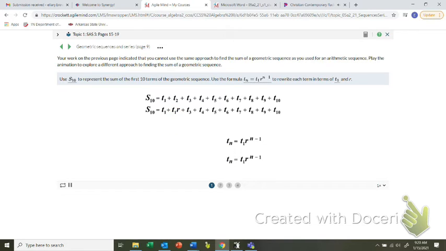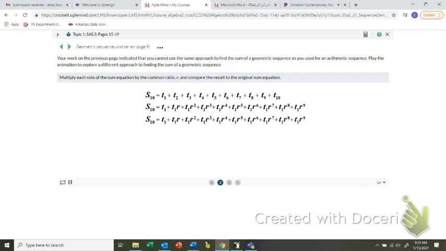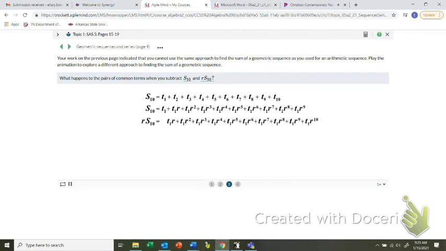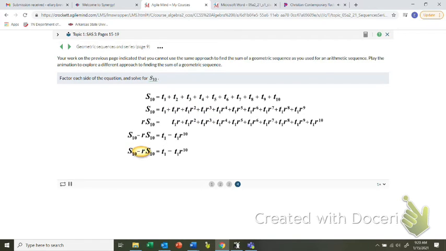Okay, let's go to page 2 and see what it does. Okay, not a fan of how they teach this. All right, so I'm going to do a different one.